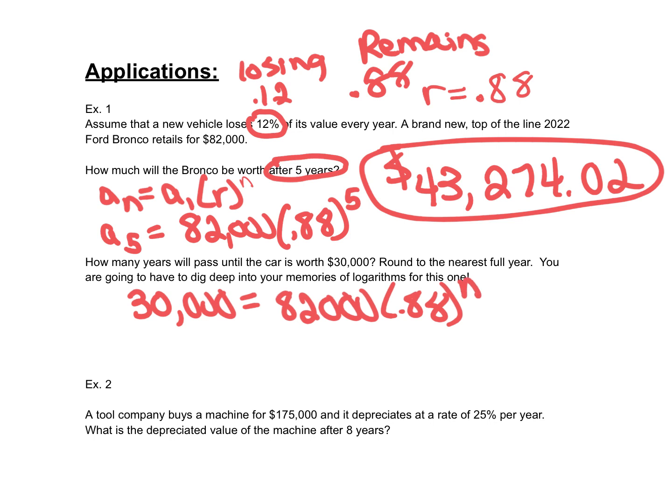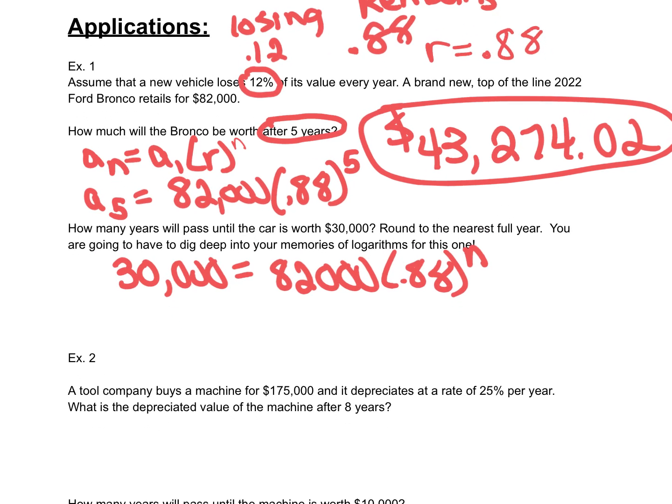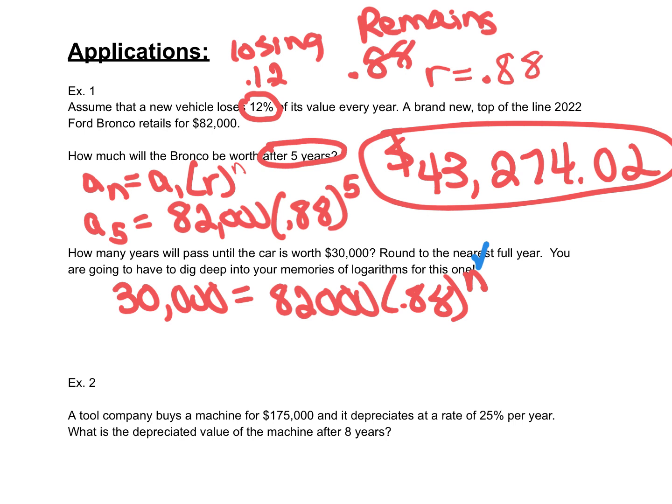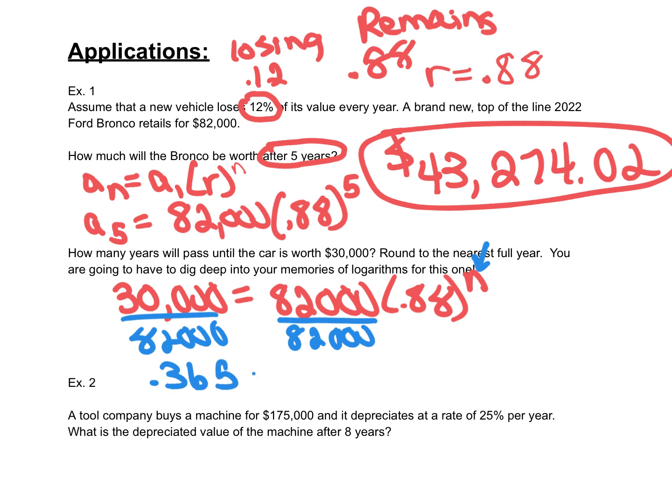So now we're going to have to dig deep down into our logarithms knowledge. And remember that if we have the variable in the exponent, we have to rewrite it as a log. So the first thing we need to do is divide both sides by 82,000. And when we divide that, we get 0.3659 equals 0.88 to the n.